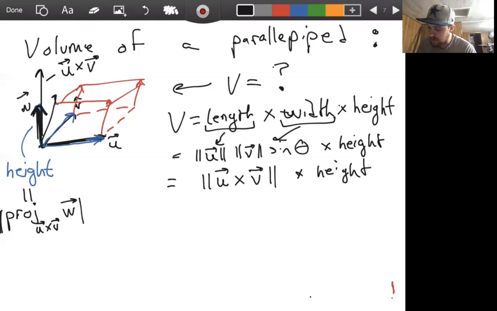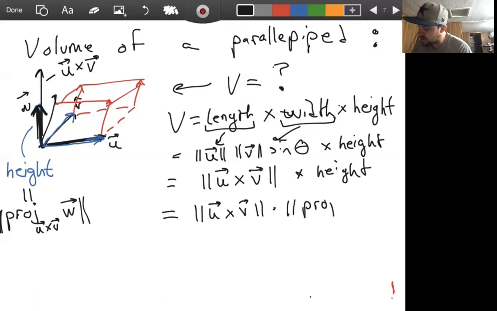And so it's the magnitude here. And so this means that volume is the magnitude of U cross V times the magnitude of the projection of W onto U cross V.